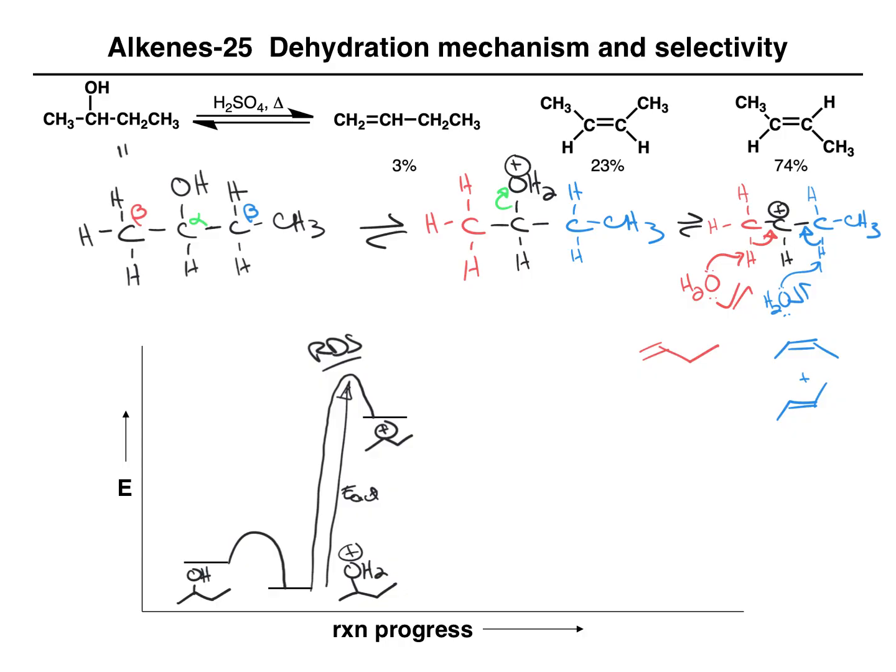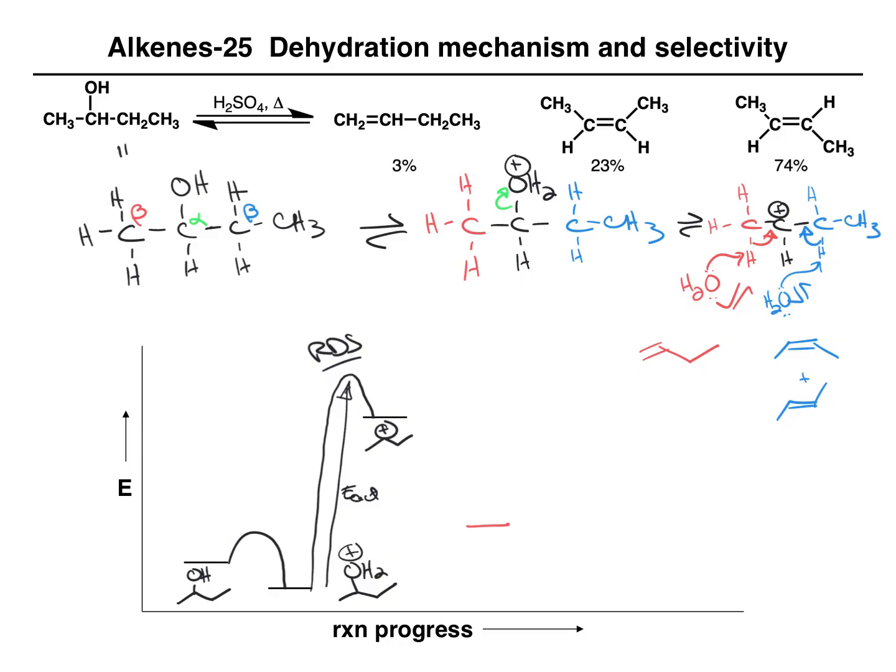Now let's think about our products in terms of their relative energies. We talked about this earlier, that a monosubstituted alkene is less stable than a disubstituted alkene. So let's say this represents the energy of our red product.